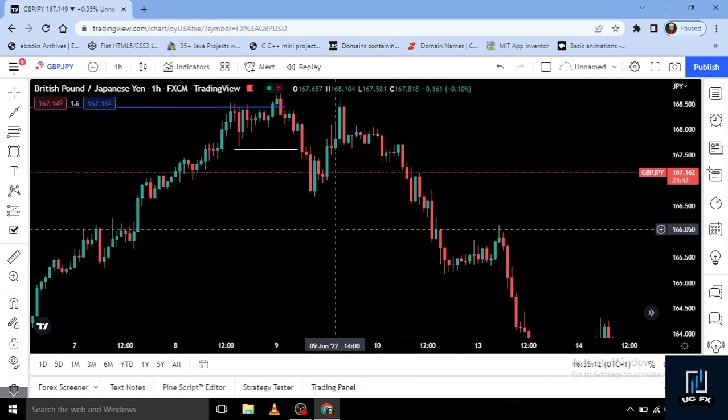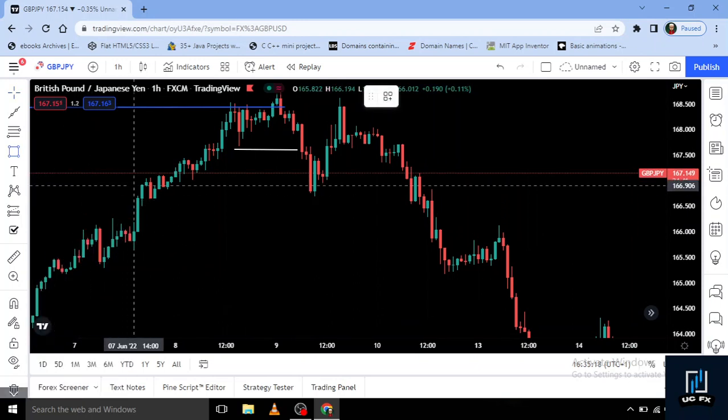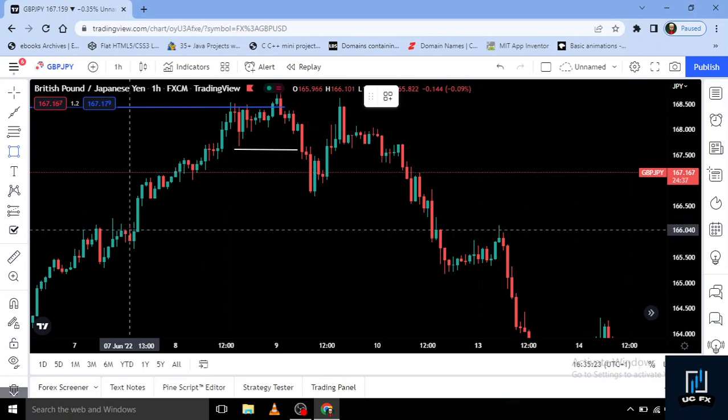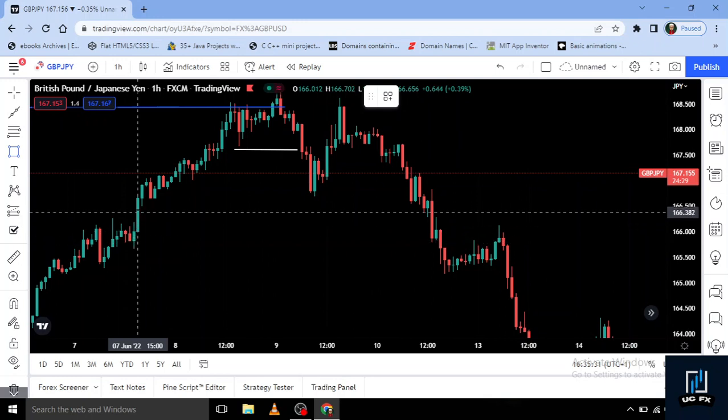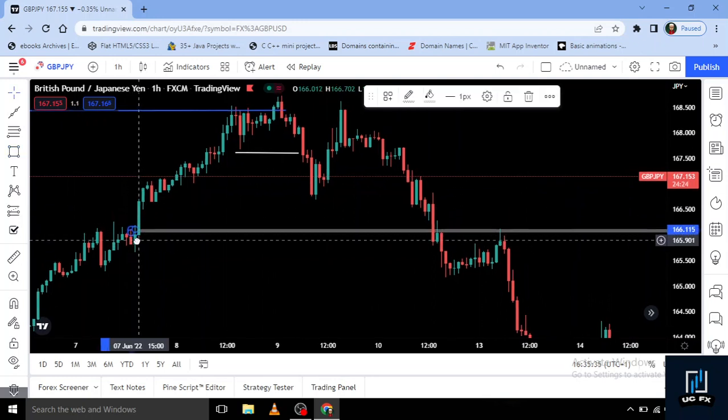From the knowledge of an order block, we get what a breaker block is. From what I already said about order blocks, it is the last down candle or the last up candle before an impulsive move. In this area, we see how this impulsive move happened. So this is an order block.